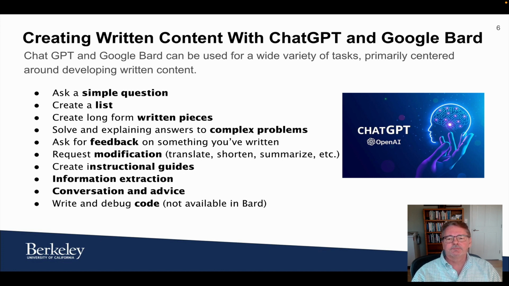The tools can also be used to explain answers to complex problems. Examples would include math problems or logic puzzles, and it provides detailed step-by-step explanations of the solution. The tools honestly are not incredible at math at present, and sometimes get the answers wrong. One solution to that is to implement a plugin for a math problem solver which is tuned to do these things.